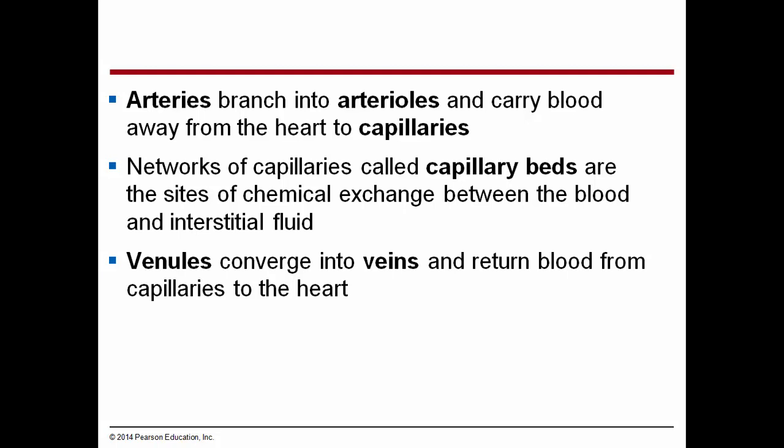So arteries are strong vessels that are fairly muscular in nature, and they transport blood to the arterioles, which are smaller vessels, still transporting oxygenated blood, and they carry oxygenated blood away from the heart into the capillaries.